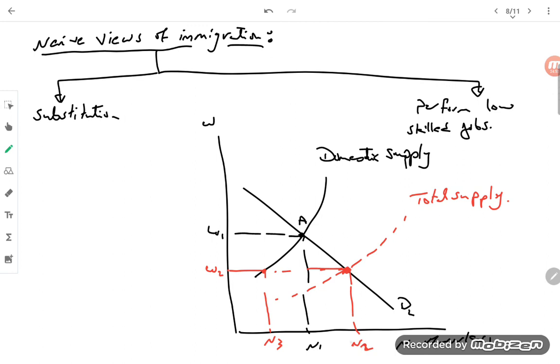What about the American jobs, or the residents of the home country? Let's say, for example, this is the demand and supply for labor in the United States. So what about the number of employed American residents actually in the market in this case? The number of employed workers in America is N3. At wage W2, only N3 workers would like to work at this wage rate.